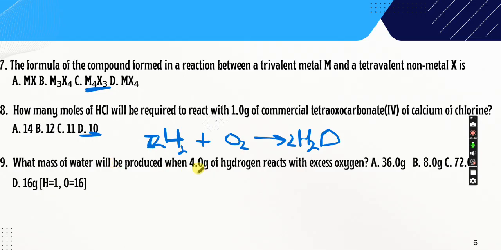So from what I have here, this 4 gram of hydrogen gas is the same thing as 2 moles of hydrogen. Definitely it's going to give us 2 moles of water, right? And we already know that 1 mole of water is 18 grams.